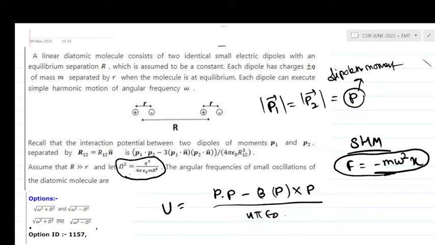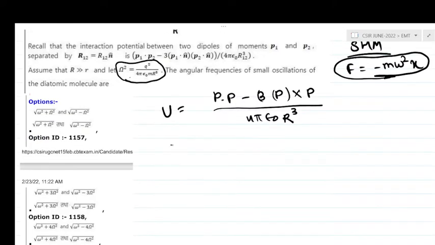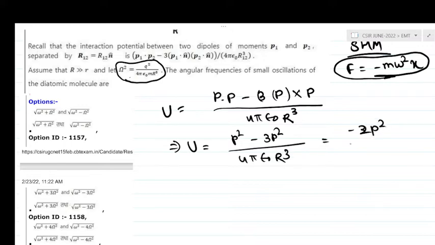You can write R12 cube as R cube. So the total interaction energy is P square minus 3P square divided by 4 pi epsilon naught R cube, and that is minus 2P square divided by 4 pi epsilon naught R cube. You know the force is negative gradient of potential energy.